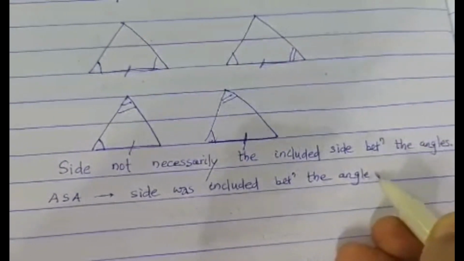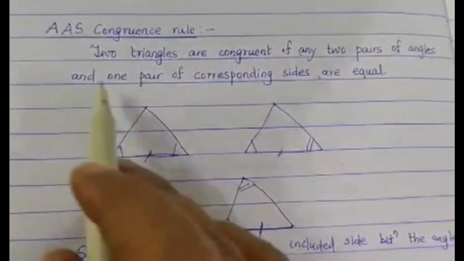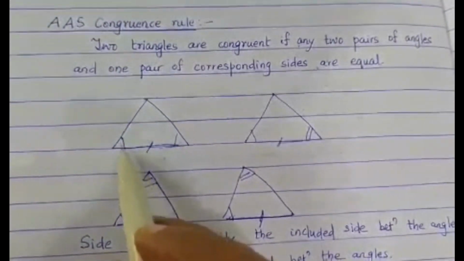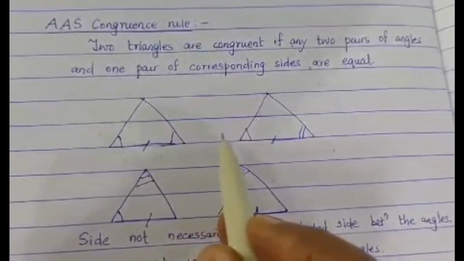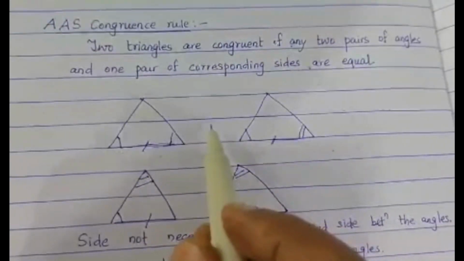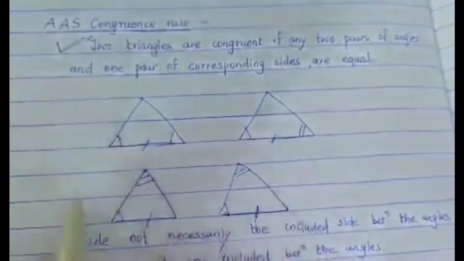But if the side is not included, then also it is congruent by the AAS rule. Okay, if two angles are equal and any pair of corresponding sides are equal, then also the triangles are congruent. This is what the AAS congruence rule says.